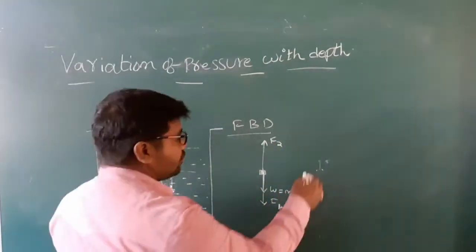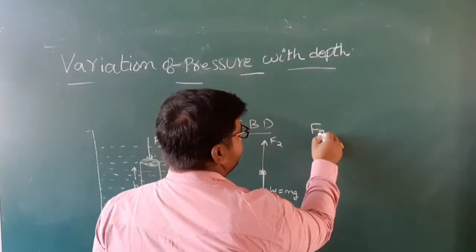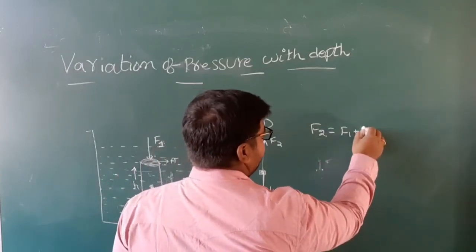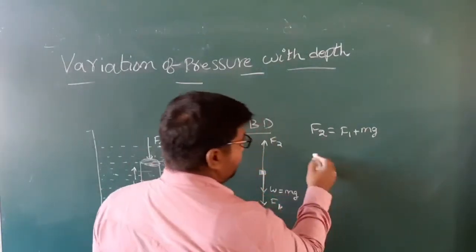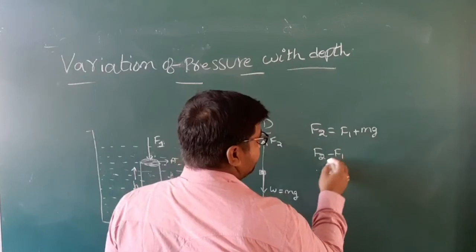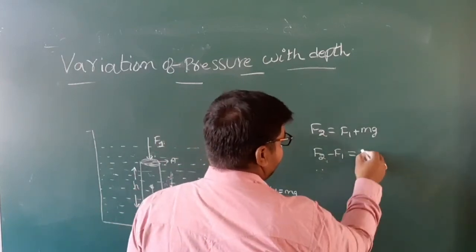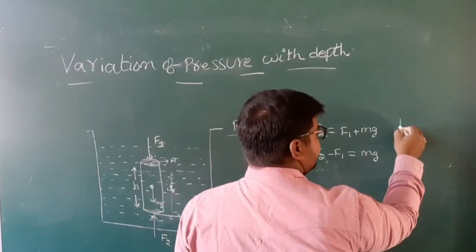At equilibrium, F2 is equal to the sum of the downward forces: F2 = F1 + mg. Then F2 - F1 = mg.